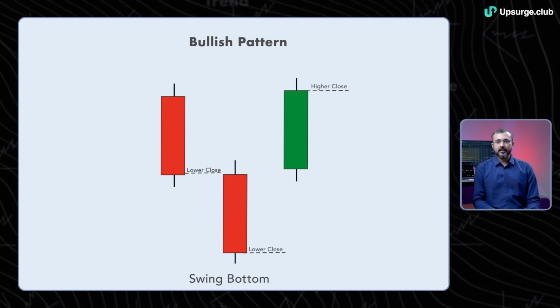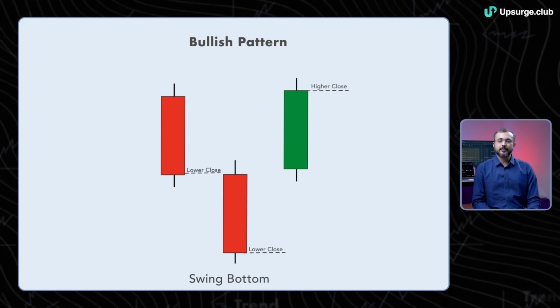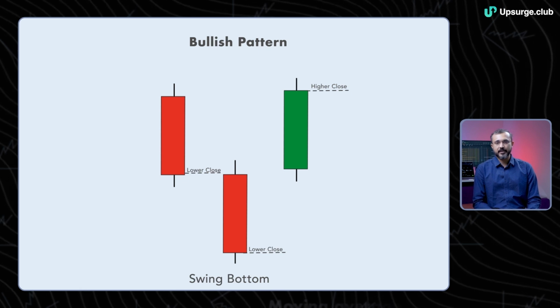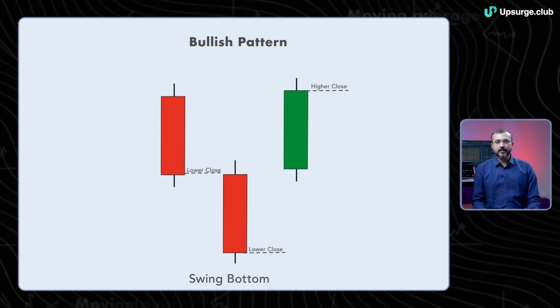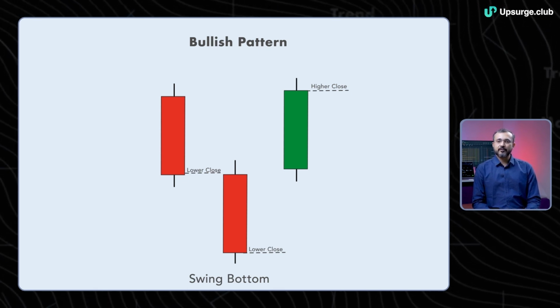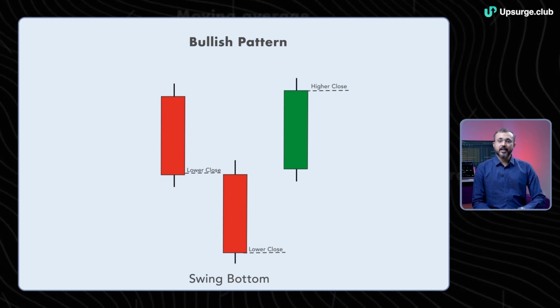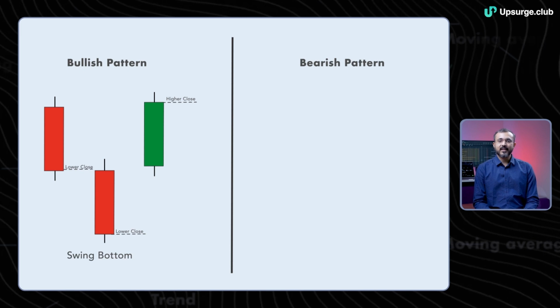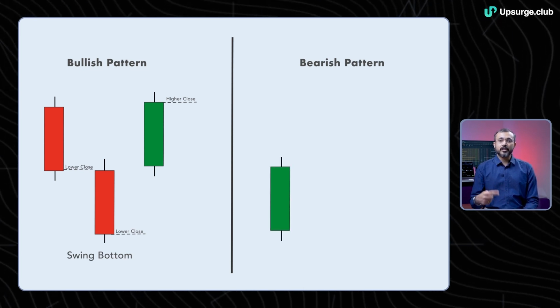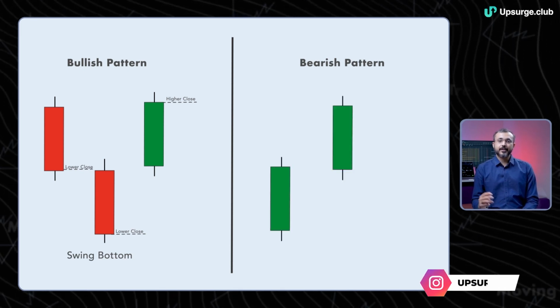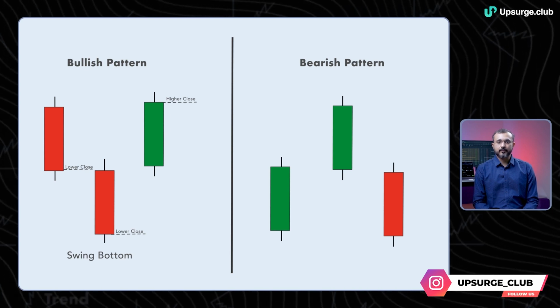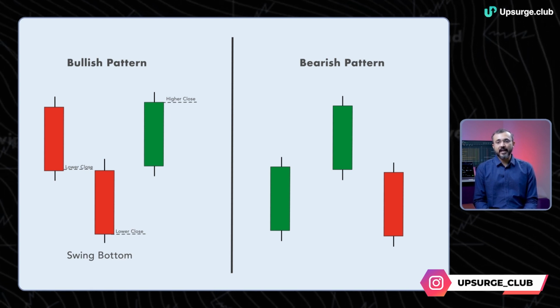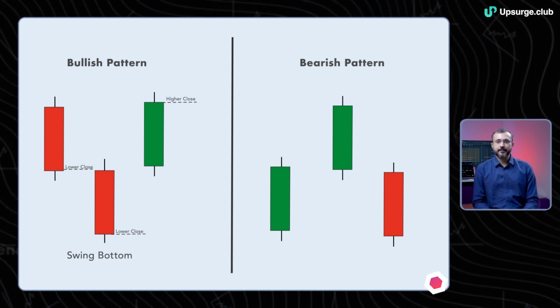The other way is market structure high, which is a process of marking swing high based on Dow theory. Now it's exactly opposite of market structure low. In market structure low, we had 2 bearish candles. In market structure high, we'll have 2 bullish candles. And the third candle is going to be a bearish candle, which indicates the buying momentum has faded away.